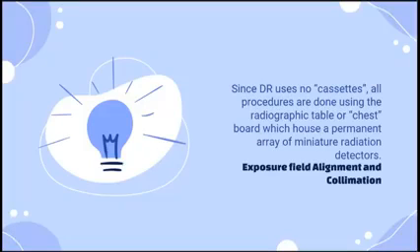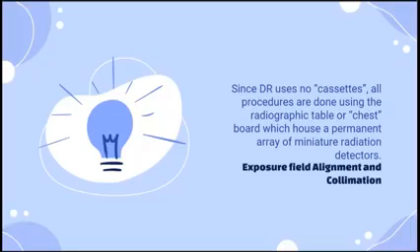Since DR uses no cassettes at all, all procedures are done using the radiographic table or chest board, which houses a permanent array of miniature radiation detectors. So in direct radiography, we do not use cassettes anymore. It's cassetteless, so we use the radiation detectors.